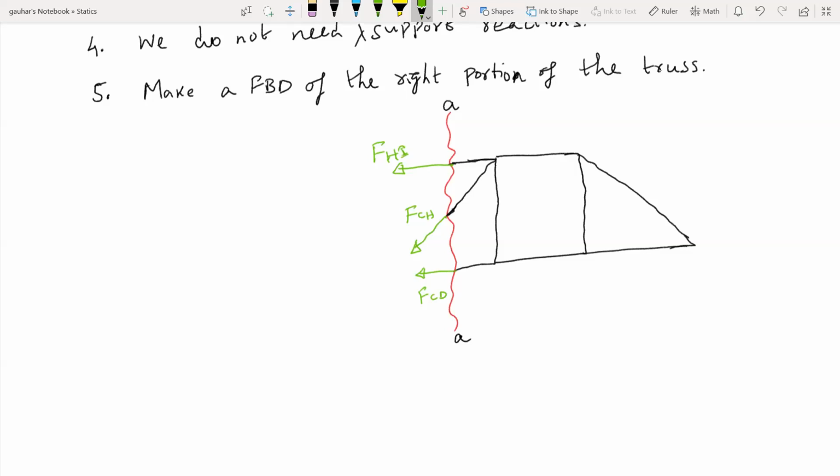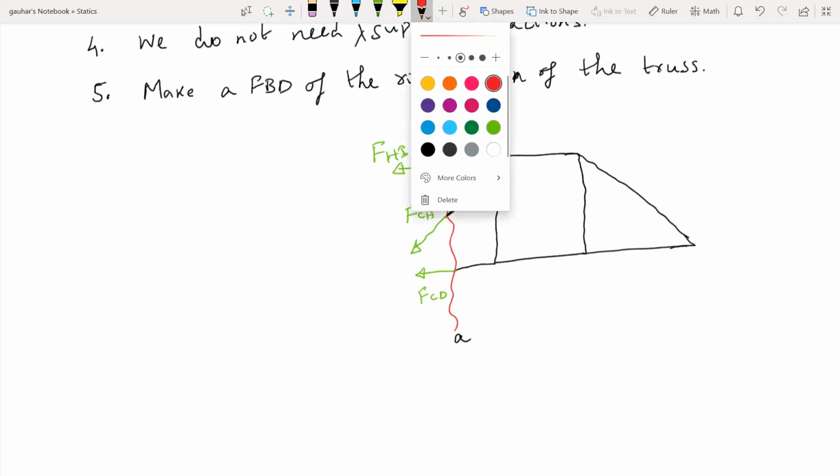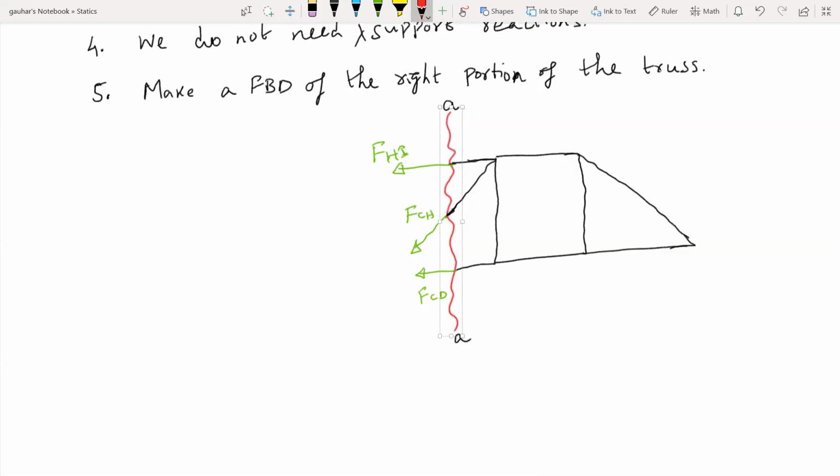Okay, so we are done with the free body diagram. We have applied these member forces, right? We have taken tension for all the members. Now let's first put the external loads. So what are the external loads we have? We have these three, right?